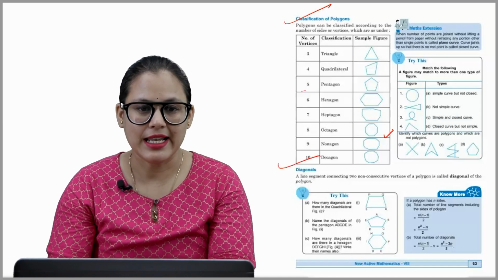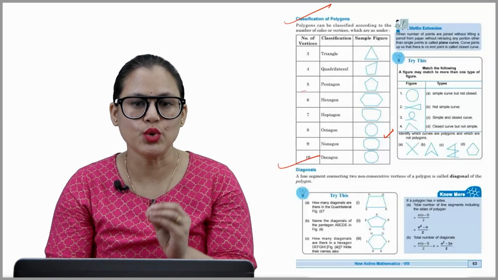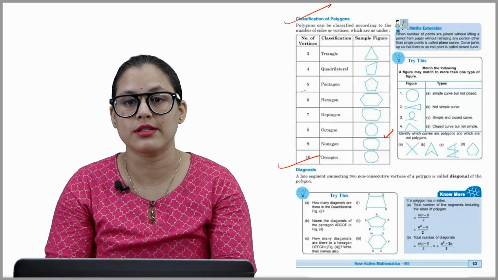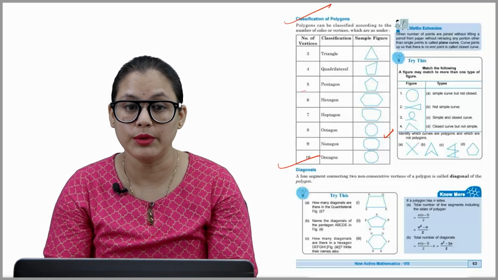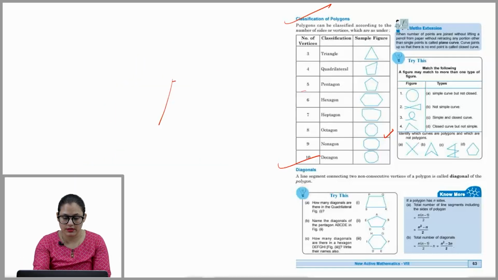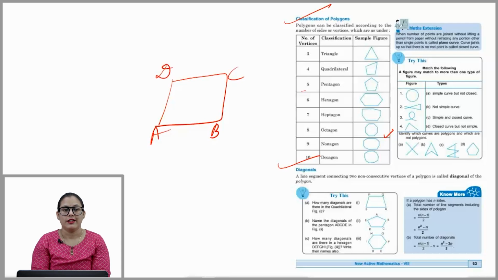Diagonals. A line segment connecting 2 non-consecutive vertices of a polygon is called a diagonal of the polygon. Means if this is a quadrilateral ABCD, connecting 2 non-consecutive vertices. See, these are the consecutive vertices, and D and B are the non-consecutive vertices.